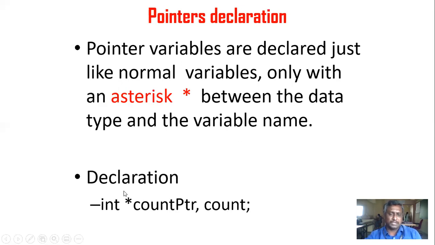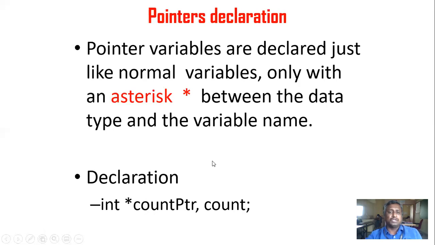You can see it given here: the declaration is int asterisk countPtr. Now countPtr is going to be a pointer, and it's good practice to use the name ptr for pointers, so that it is easy to understand that this variable is a pointer. This pointer will be used to point to integer values. Got it? That's basically how we declare pointers.